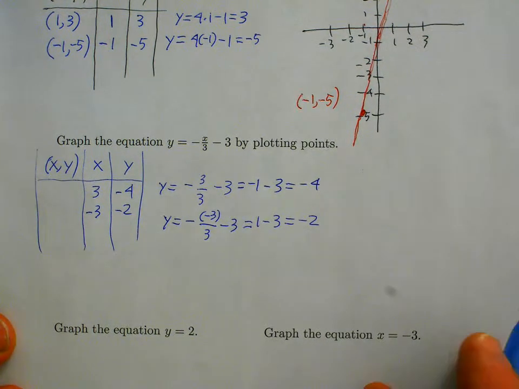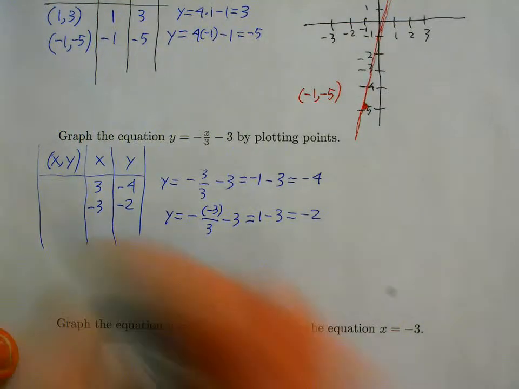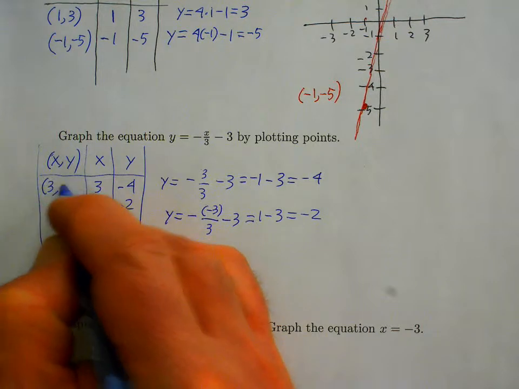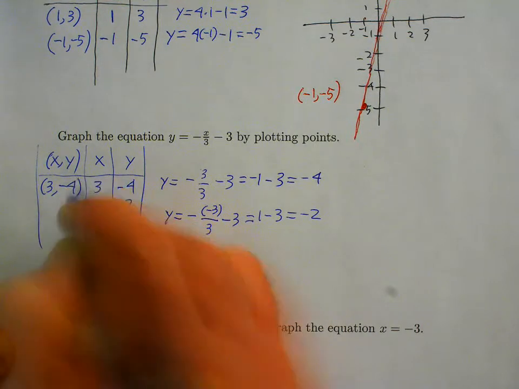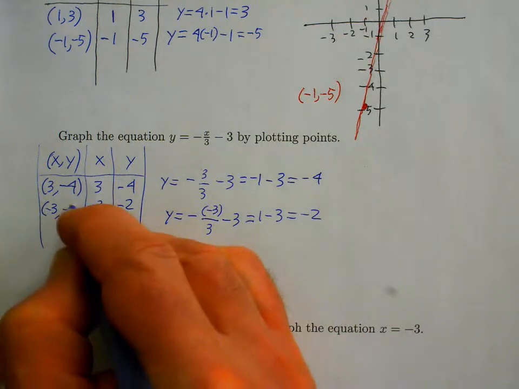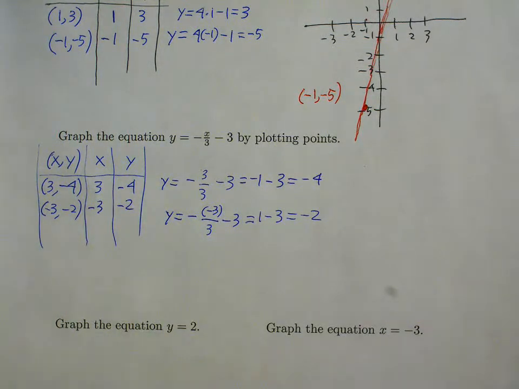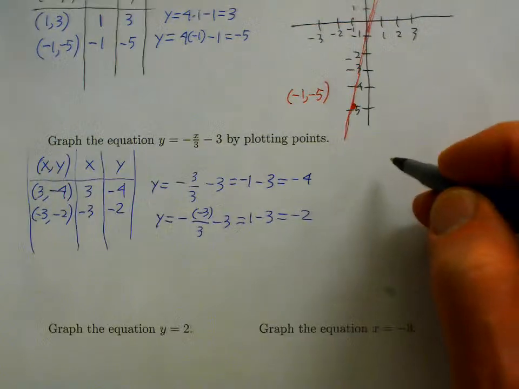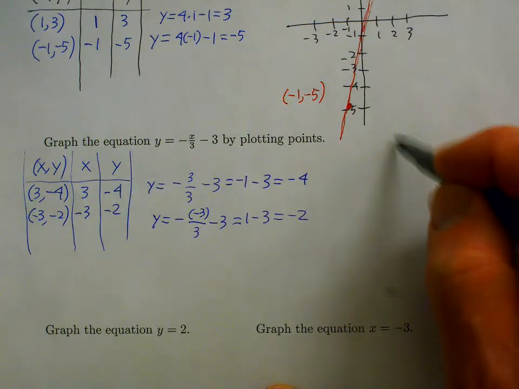Okay, so we have 2 ordered pairs. One ordered pair is 3 for x, -4 for y. The other ordered pair is -3 for x and -2 for y. Let's graph that by plotting those 2 points.